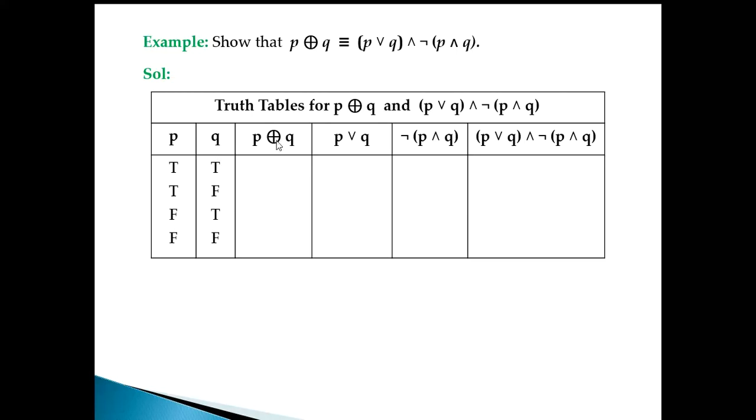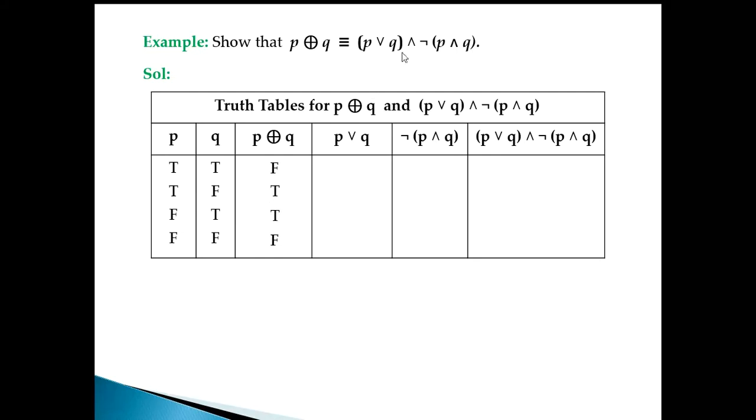What will be the truth table of exclusive OR? In the exclusive OR table, the value is true if exactly one of these is true, otherwise it is false. So here true and false, false and true, the value is true. If both are the same, then it is false, right?